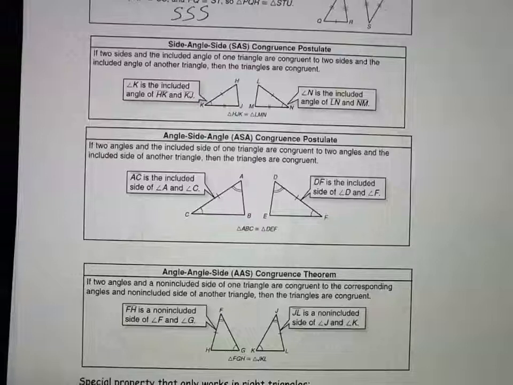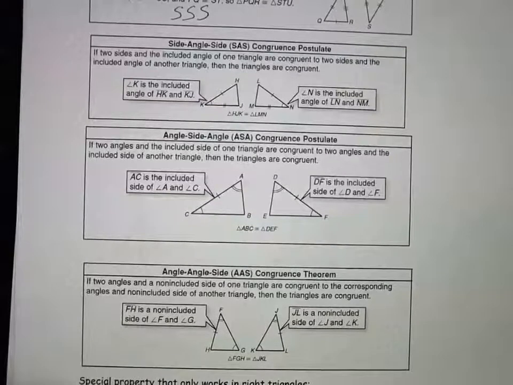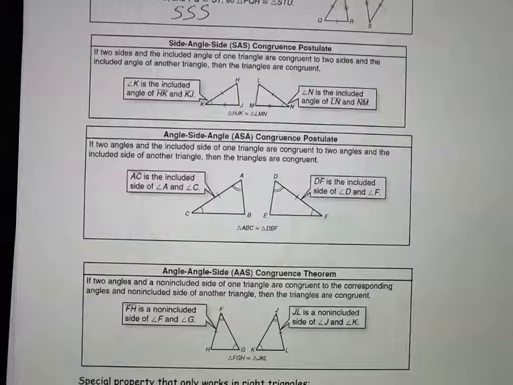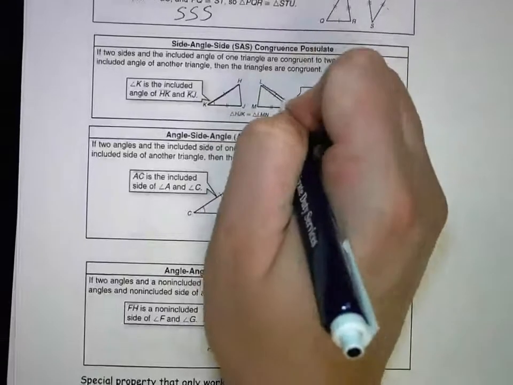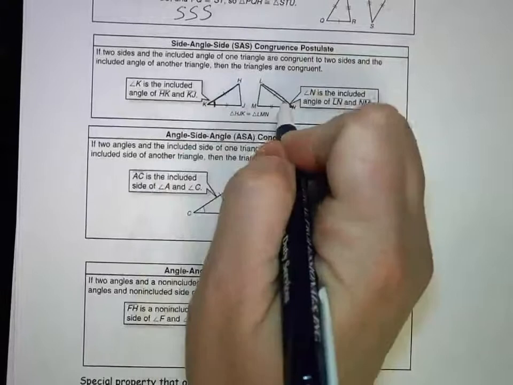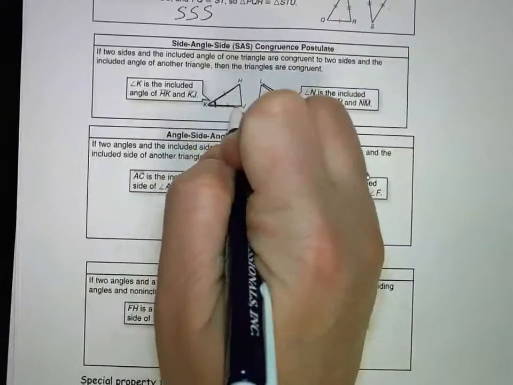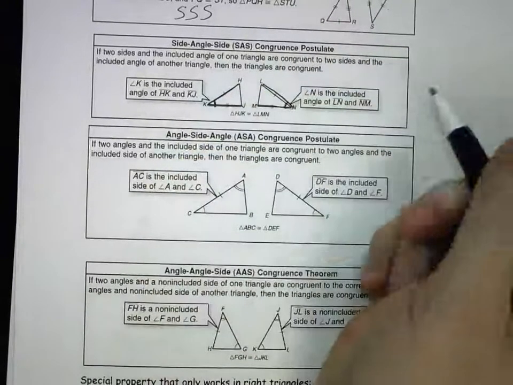The next one, if two sides and the included angle are congruent. So right here we have a side congruent to a side, the angle congruent to the angle, and then the side congruent to the side.